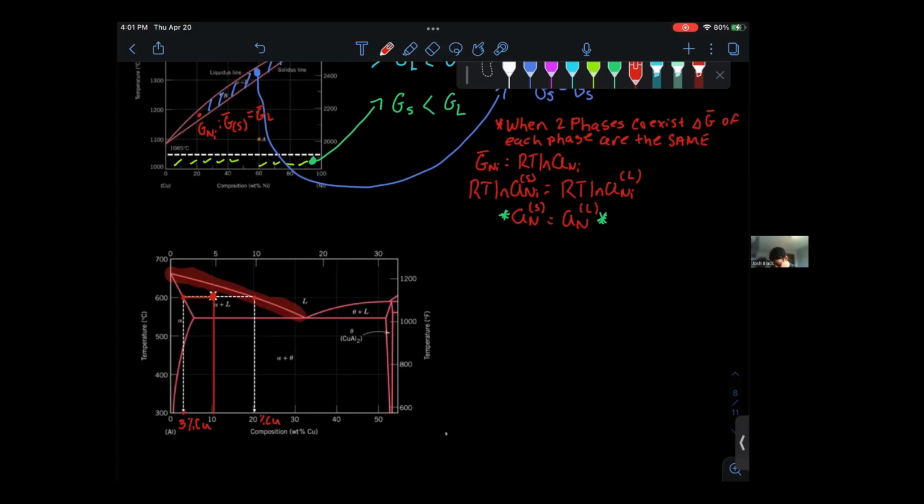Now, we still have to be at 10% composition of copper. How are we going to achieve this? Well, it's determined by the amounts of alpha and liquid, which is determined by the lever rule.